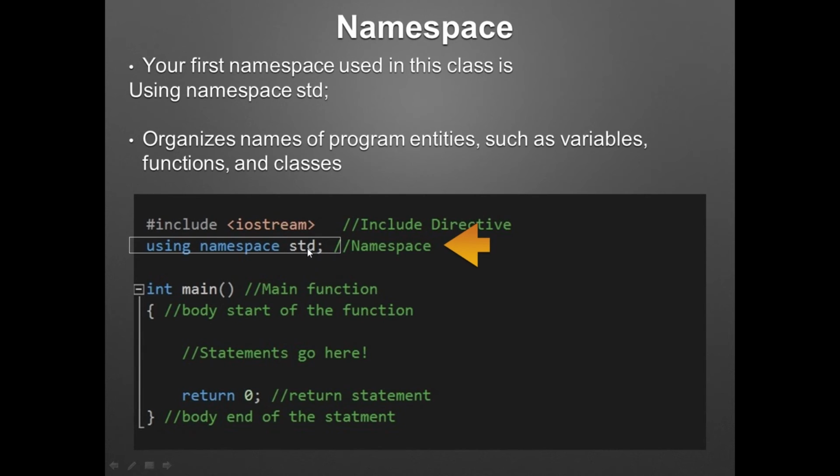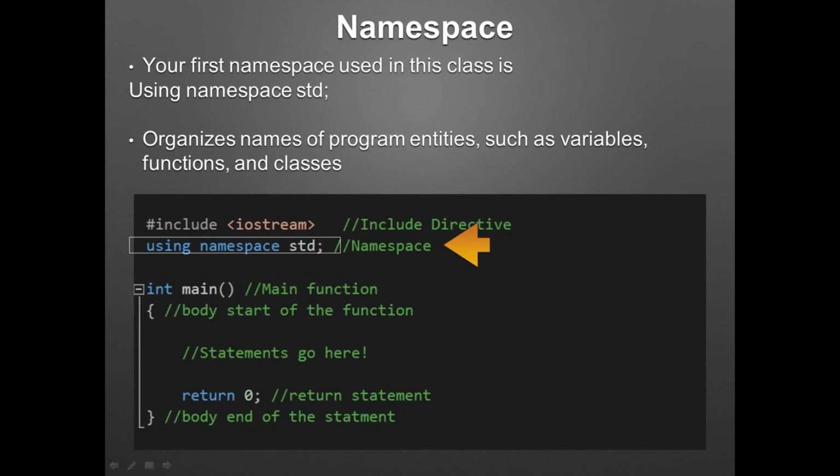So in this case here, we'll need to include this line of code inside of our program, and that's going to work with our first library here, which is iostream. iostream is just referring to the input and output stream, and that's because what we're going to actually do is output visual text to a console window.